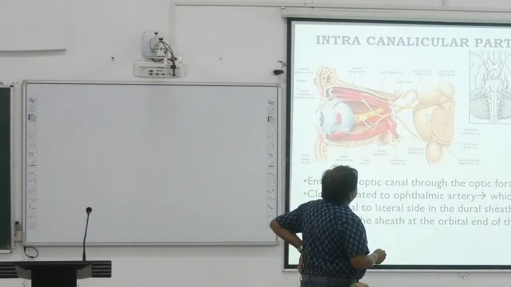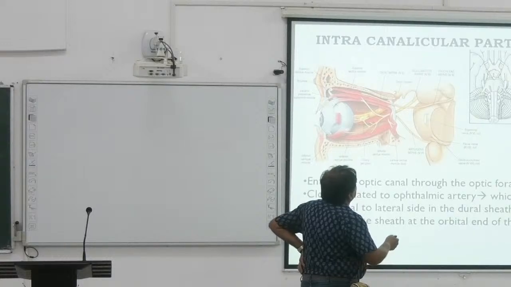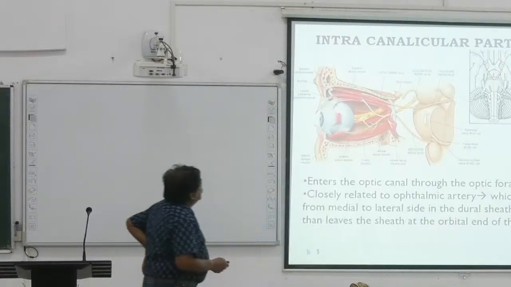See, this is the optic nerve here. The optic chiasma, the internal carotid artery, see the optic canal, 10 millimeter to 30 millimeter, and you can see the dural sheath here, subarachnoid space. Now this is the total intracanalicular part.